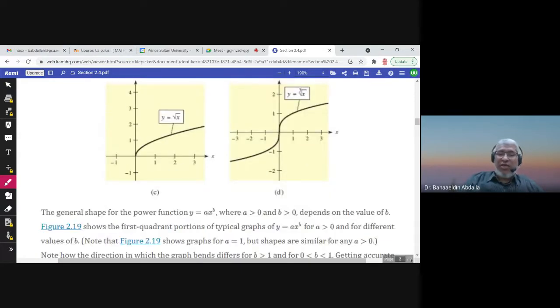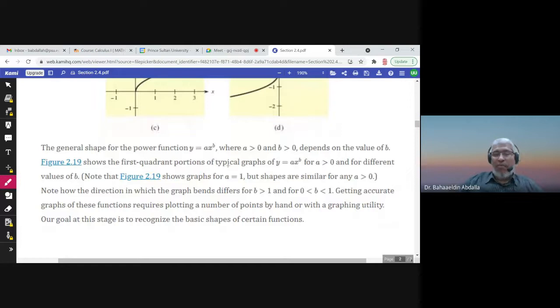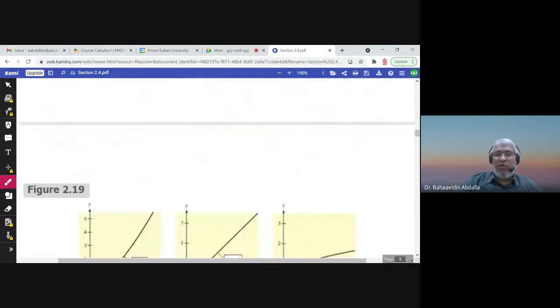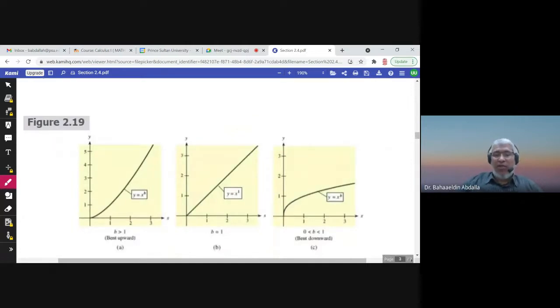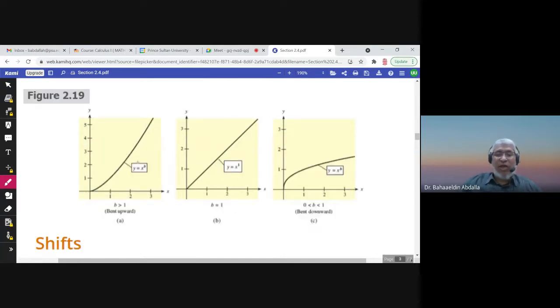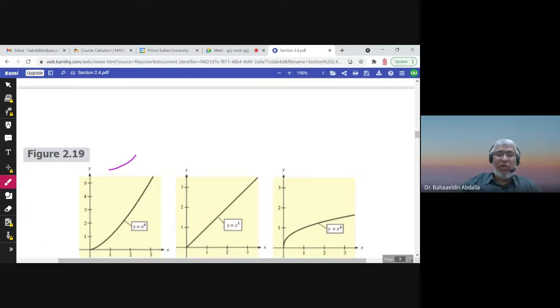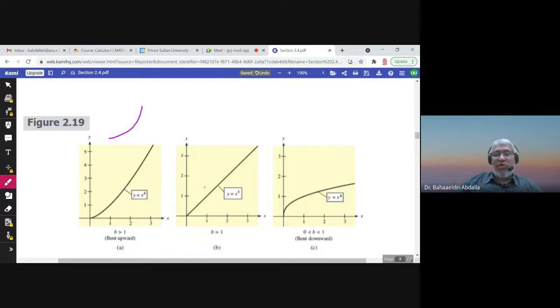You notice the bending, the shape, the difference between x to the power b when b is greater than 1. So x squared like this, x cubed like this, x to the power 4, they bend upward, always concave up. Y equals x is just a straight line if the power is 1.